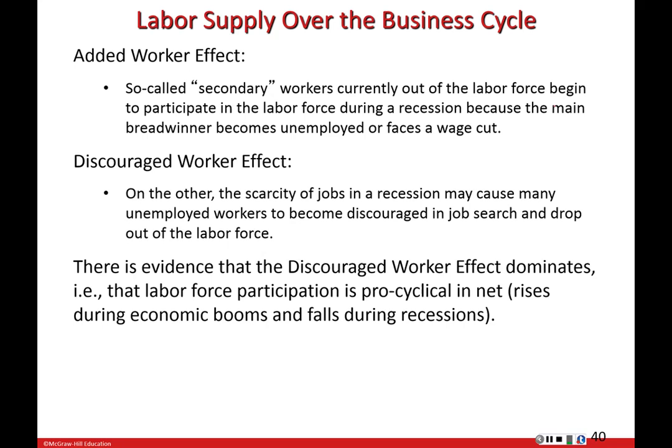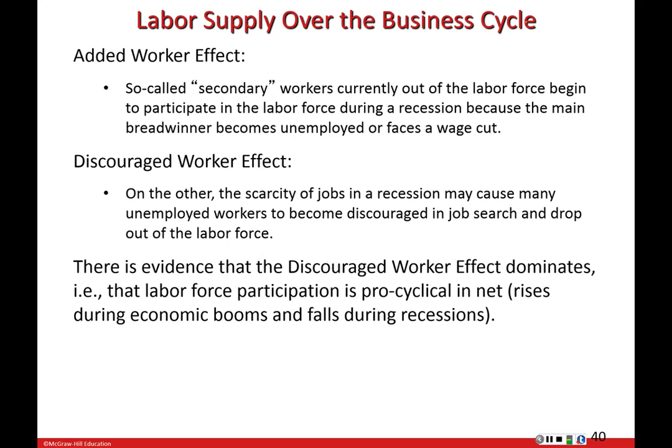And here you have two effects. You have what's called the added worker effect. So when there is a recession and the main breadwinner's earnings reduce, or the main breadwinner loses his job, this causes secondary workers in the household to enter the labor force to supplement the family income.